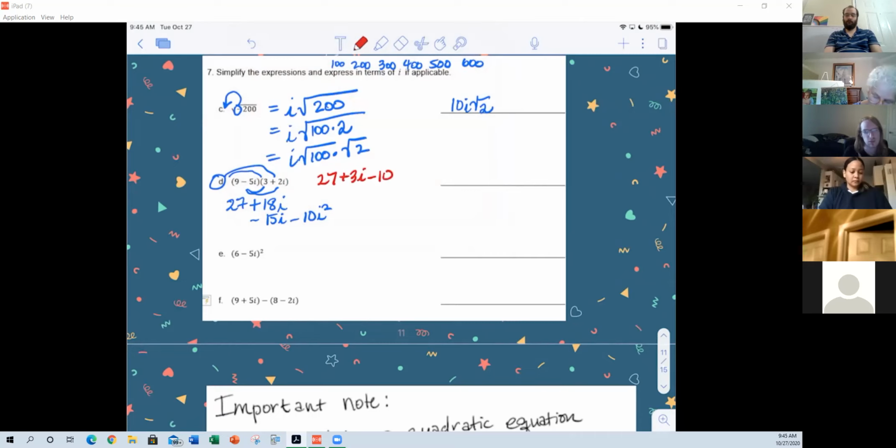Remember that i squared is the same thing as -1. So if you know how to multiply a binomial times a binomial, you're in great shape. And at the end, you just have to remember that i squared is -1 and do that conversion.